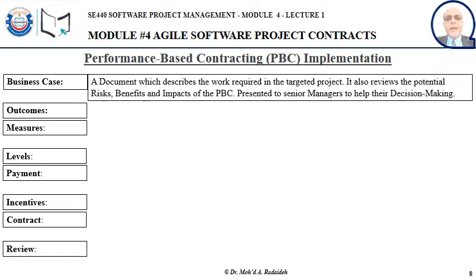Okay, now with this slide we talk about the various aspects of the BBC implementation. We start with the business case. The business case is very much a document that explains the scope of work, the requirements, etc., what needs to be carried out by the targeted project.